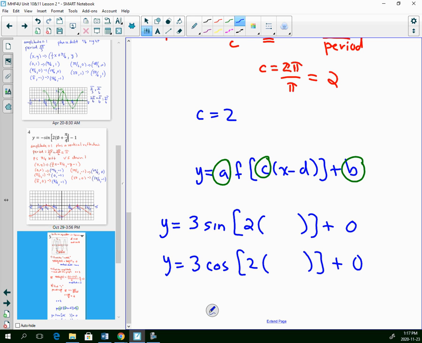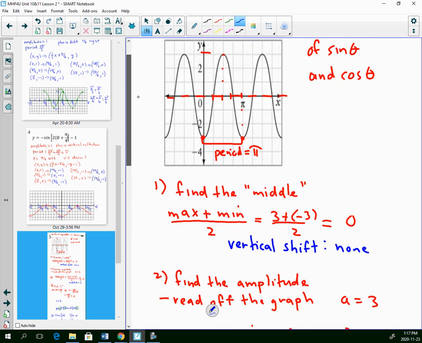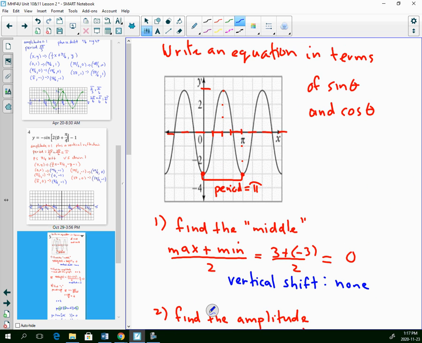The difference between sine and cosine is where it starts. Remember that a sine curve without any transformation starts at 0, 0. When I look at this graph, normally the sine curve starts here. Now it starts here, right? So that starting point 0, 0 has now shifted to the right.